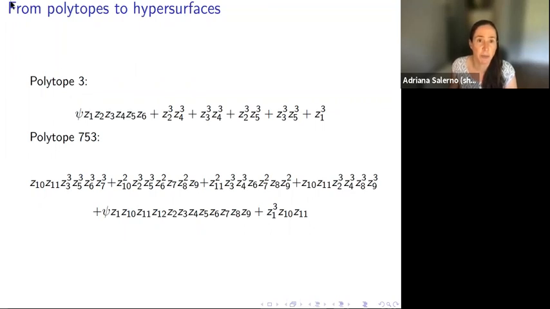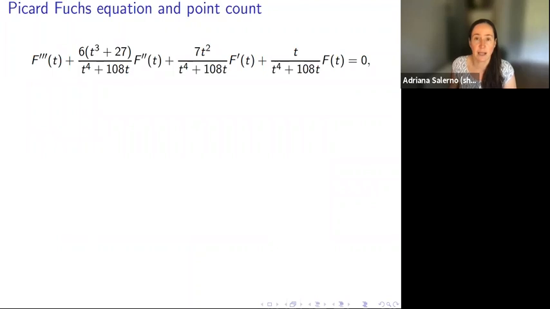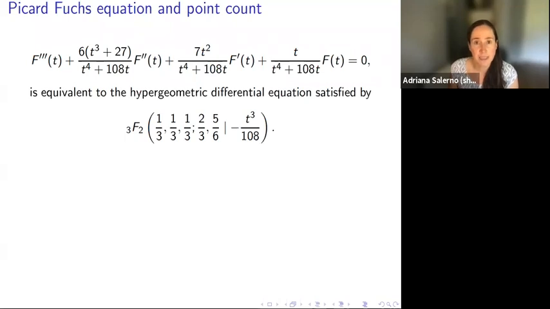For polytope 3, we can do a process called the Griffiths-Dwork method to find a Picard-Fuchs equation, and this is what we get. Remember, the Picard-Fuchs equation will have coefficients in C of t. After some work, this is equivalent to a hypergeometric differential equation satisfied by this hypergeometric function.